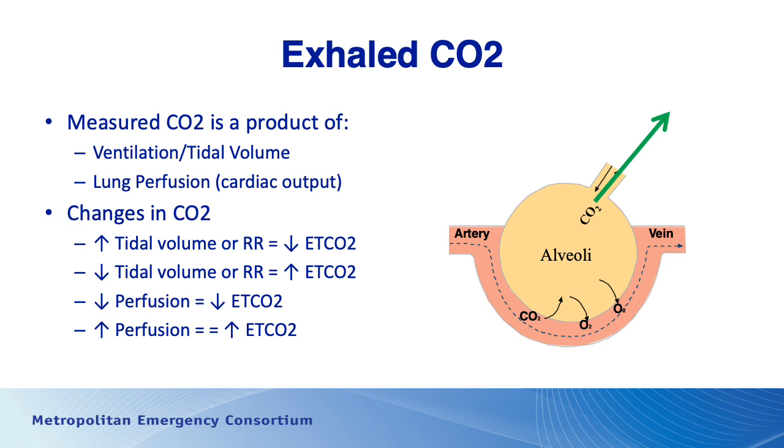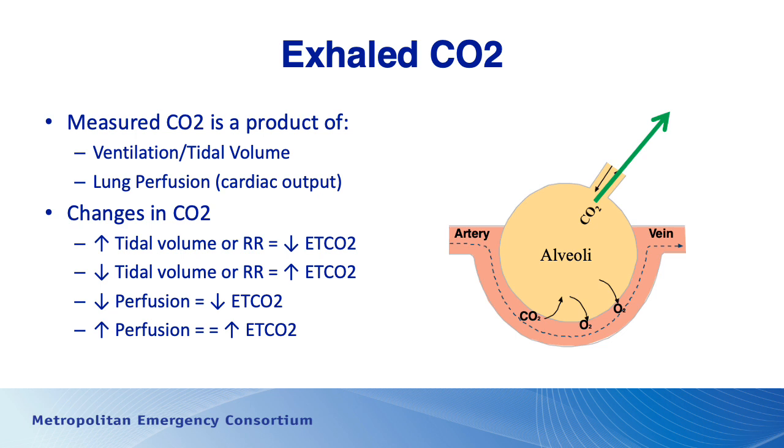So if you look at the second set of bullet points, if you increase your tidal volume, meaning you breathe more deeply, or increase your respiratory rate, you will have a decreased end tidal CO2 because you have a set amount of carbon dioxide being delivered to the lungs by blood, and as you increase the amount of air in and out of the lungs per minute, you will have dilution of that amount of carbon dioxide, so your CO2 level will go down.